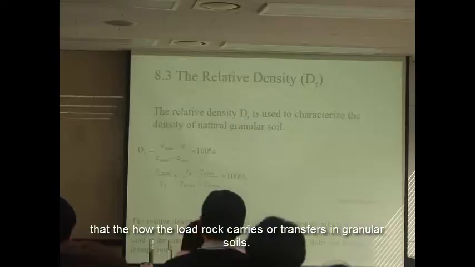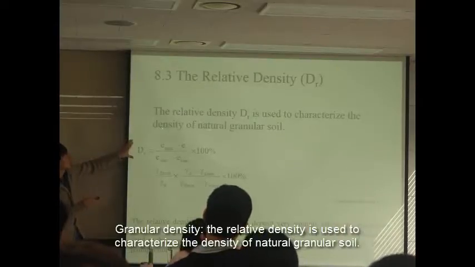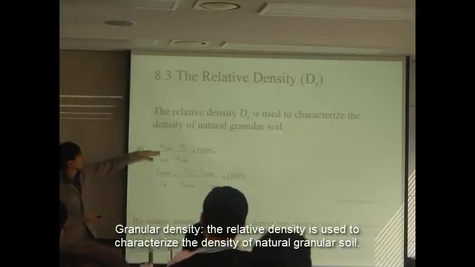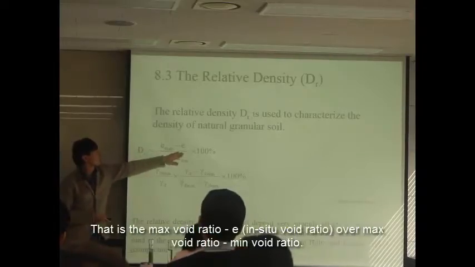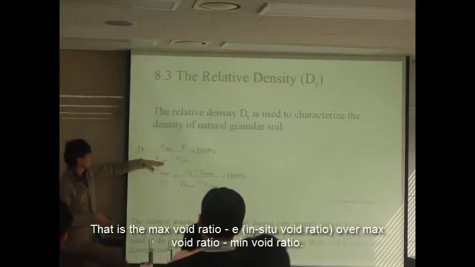Relative density will be revisited in the next chapter, but just remember the definition here. Relative density is used to characterize the density of natural granular soil, and it is the maximum void ratio minus e, the in situ void ratio, over the maximum void ratio minus the minimum void ratio, times 100.